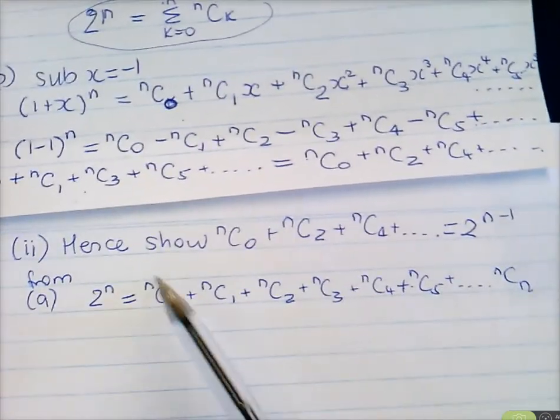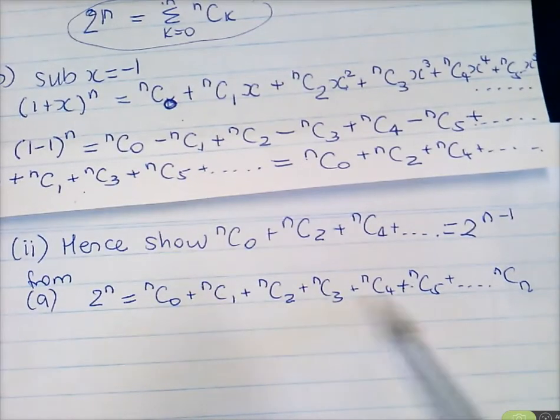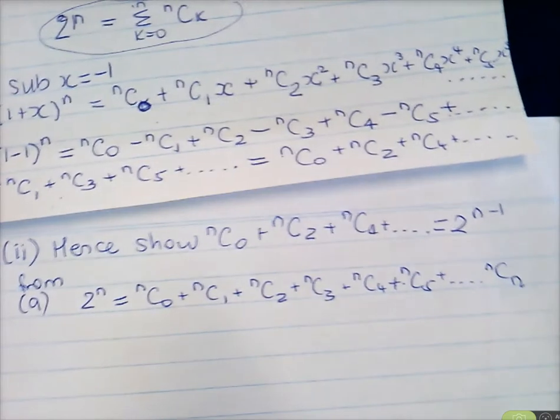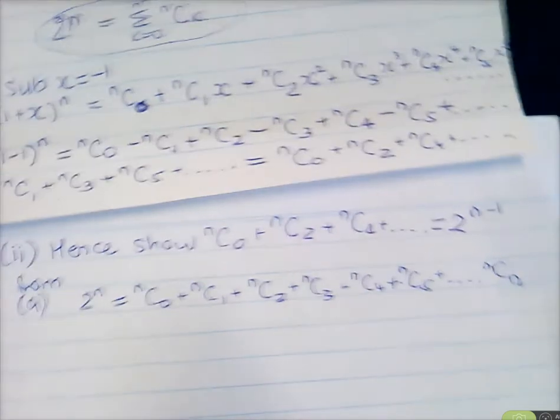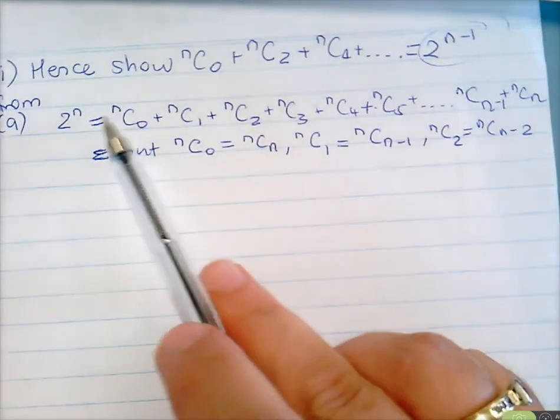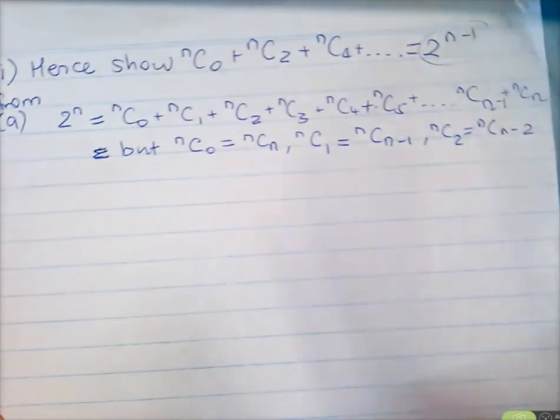2 to the power of n equals nC0 plus nC1, going all the way, dot, dot, dot, up to nCn. Now that result is actually the sum of all the coefficients in any row of Pascal's triangle, which is 2 to the n. So we need to show this 2 to the n minus 1.